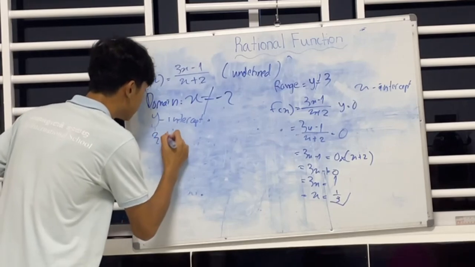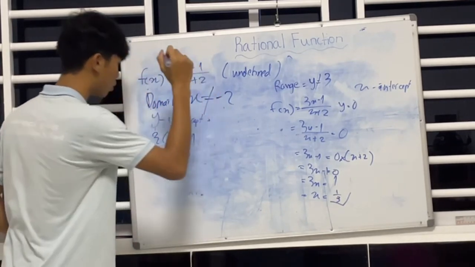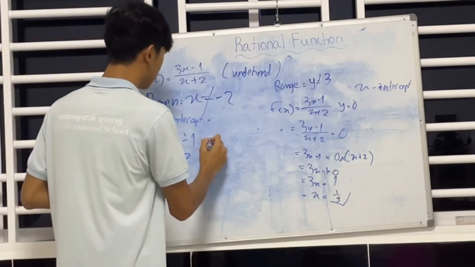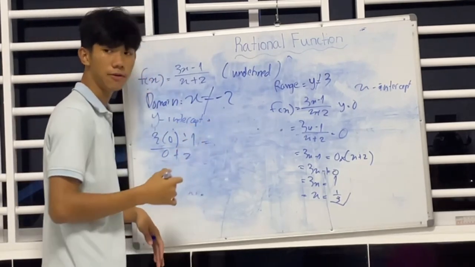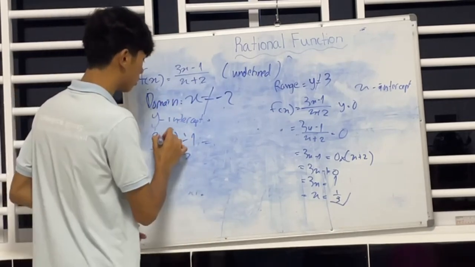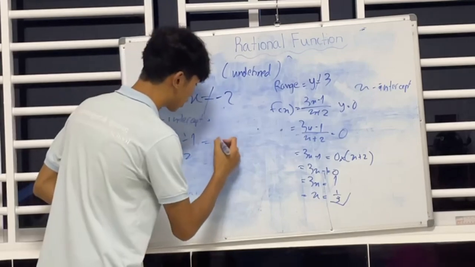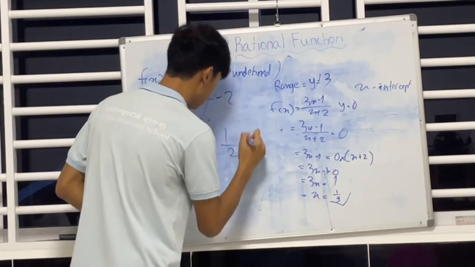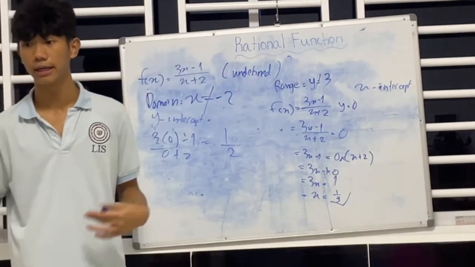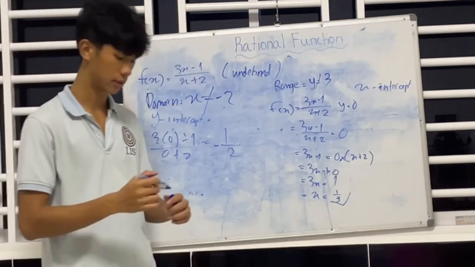We replace it with 0 minus 1 over 0 plus 2. What's left is 0 minus 1, which is negative 1, and 0 plus 2 is 2. So it is negative 1 over 2.